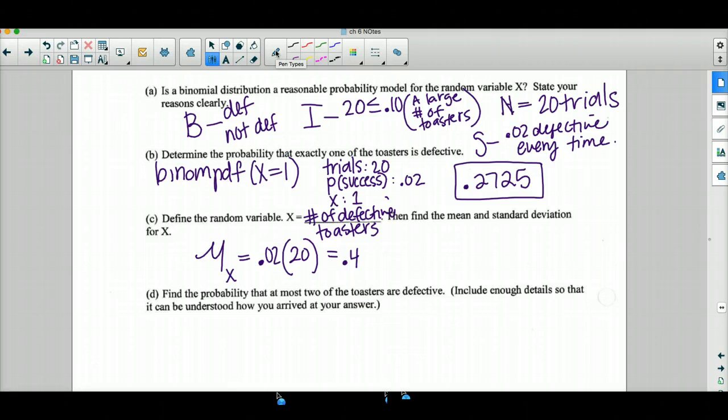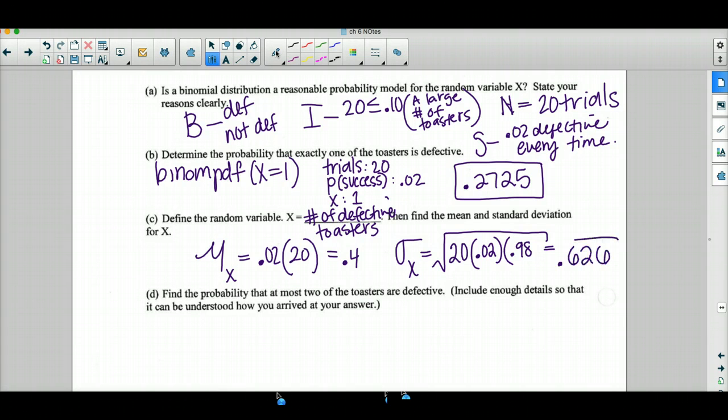Yes. And the standard deviation of X would be the square root of 20 times success, which is a defective toaster, 0.02, times failure, which is 0.98, and it's the square root of that. 0.626, okay?